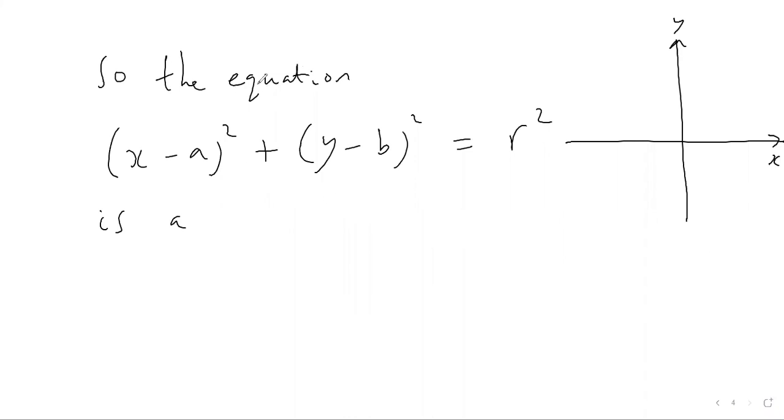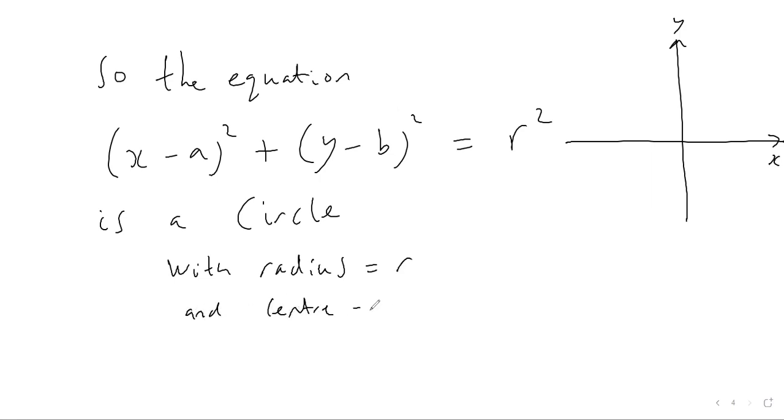So let's say you've got the equation (x minus a) all squared plus (y minus b) all squared equals r squared. This is the equation of a circle with, sorry, let me write this again, with radius r again, and a center this time at (a, b), where a and b are some real numbers.